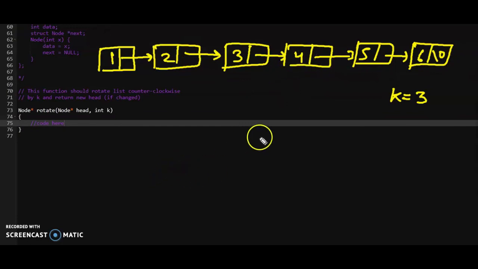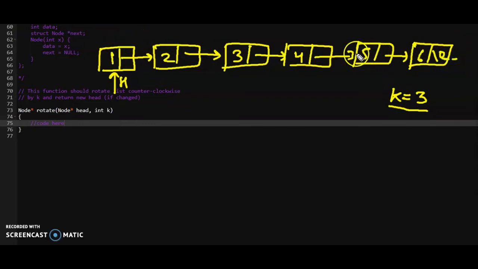This is the head we are initially given, and k is already given as 3. Now we will traverse from the head up to the end, and change the next of 6 to head.